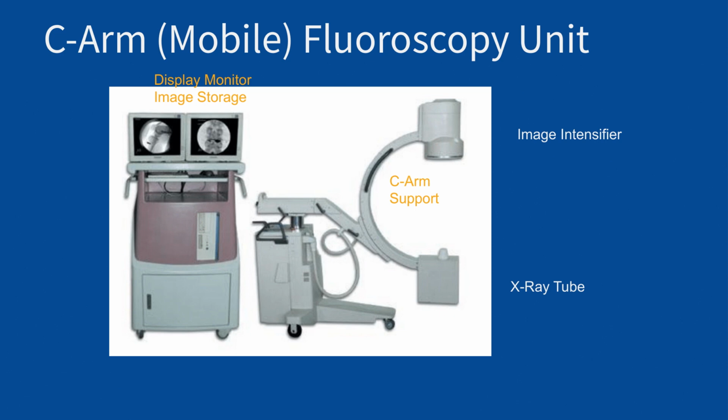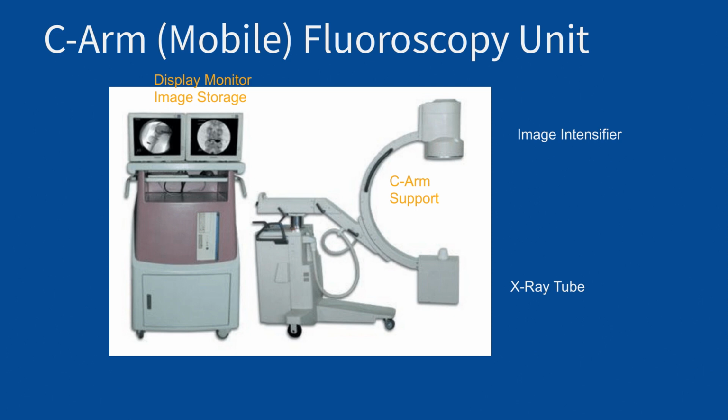I know many of you actually use the smaller units, which are primarily useful for extremities, but the components remain the same. We have the C-arm, and then on one end is the image intensifier, although many times today that's going to be an image panel or a digital detector panel. On the other side, we will have our X-ray tube that delivers the X-rays.